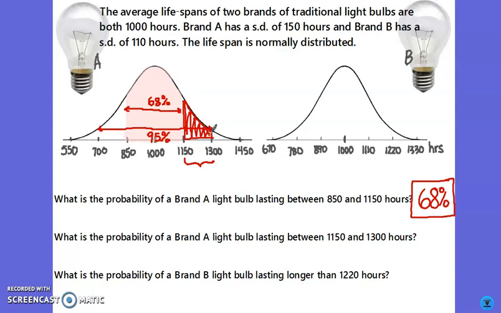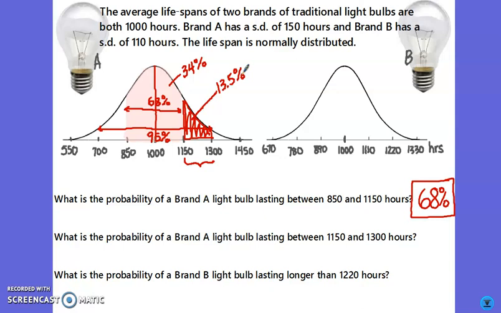Alright, well I know that if I split that down the middle, 68 split down the middle is a 34%, right? How much would be in here? So half of 95 minus 34, I'm getting that there should be 13.5% in that little area.